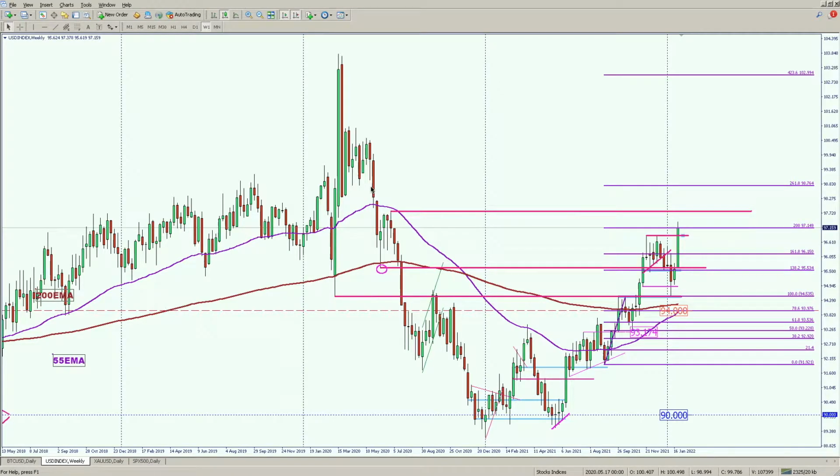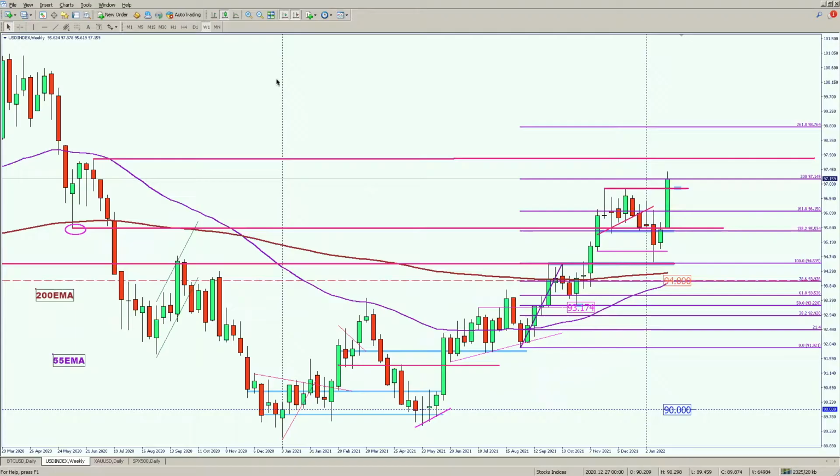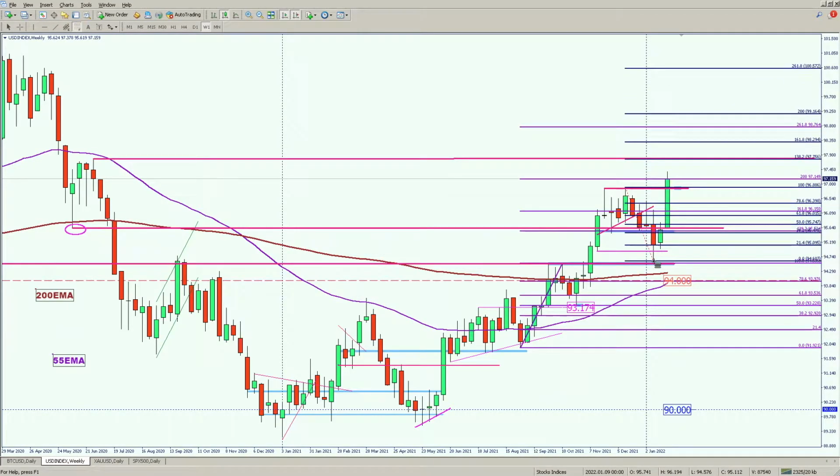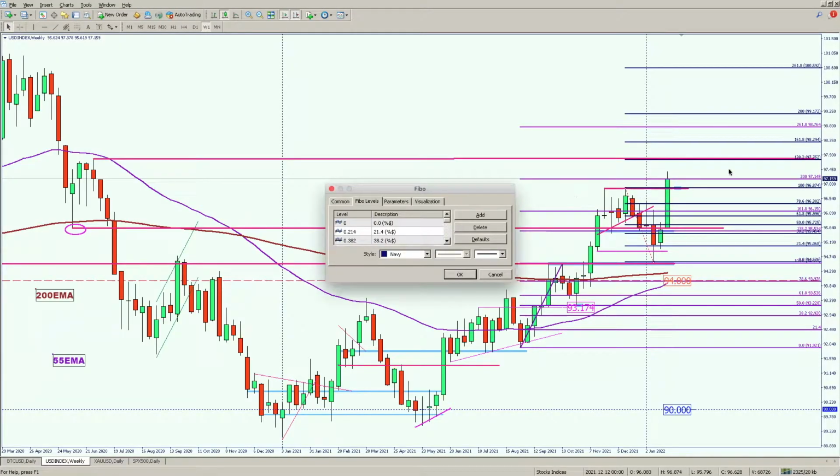Let's also take a look at the reversal move. This move here. And okay, so that aligns with the 138 pip extension. So that could be a possible target. The next extension, 162, is at the 98.30 area.